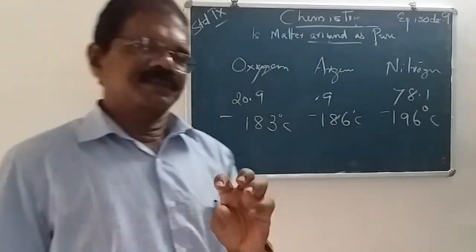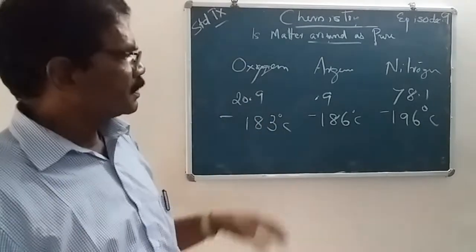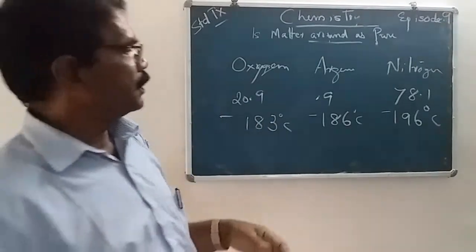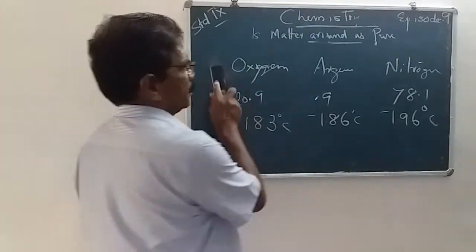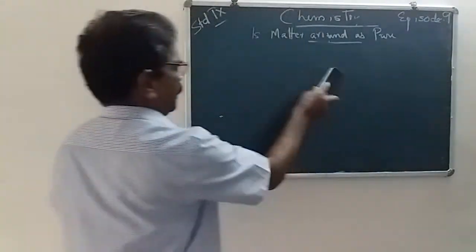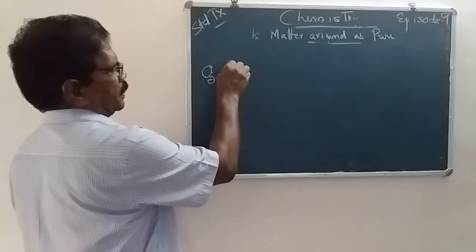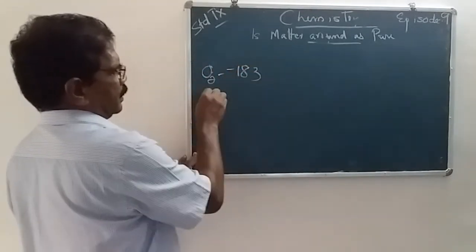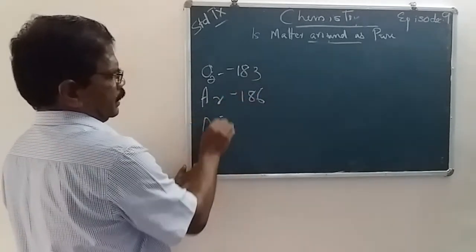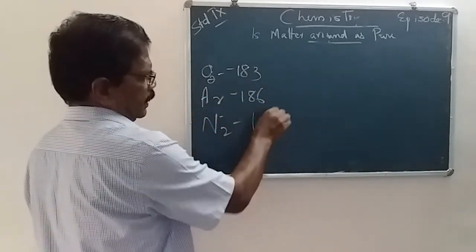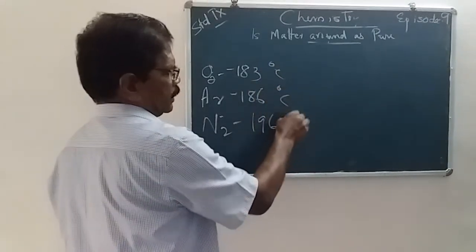Then here comes another point, which is the highest and which is the lowest. If you have any doubt, first write it down: oxygen minus 183, argon minus 186, nitrogen minus 196 degrees Celsius.